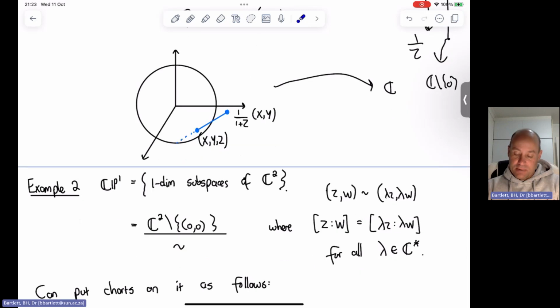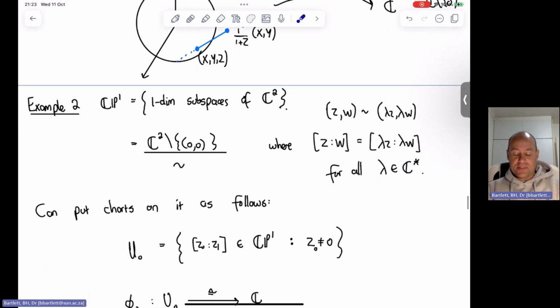Okay, and so we've got this equivalence relation here and an equivalence class in that equivalence relation is written with square brackets and a little colon there. So we call that homogeneous coordinates on CP^1. All right.